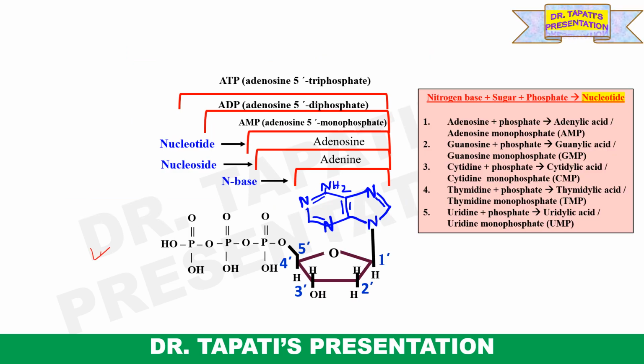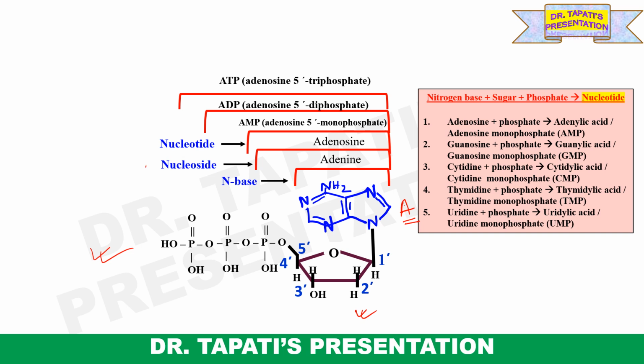This figure will give you a clear picture about nitrogen base, nucleoside and nucleotide. This is adenine nitrogen base. When adenine nitrogen base is attached with pentose sugar, it is known as adenosine. So adenosine is a combination of adenine and pentose sugar.